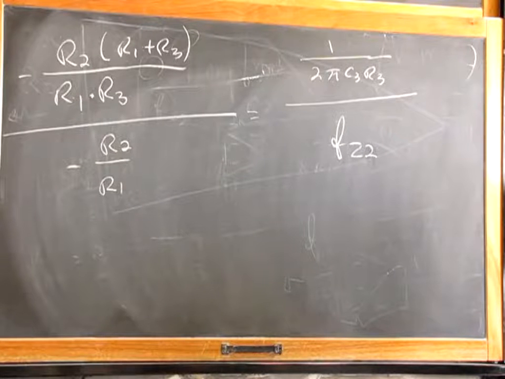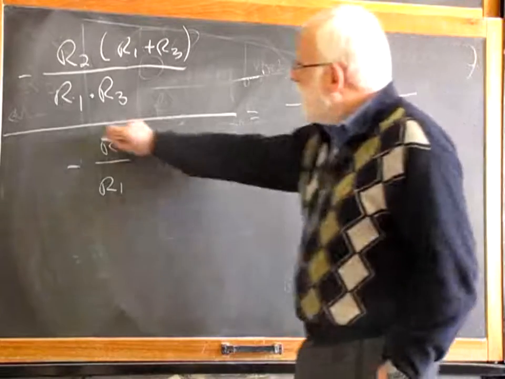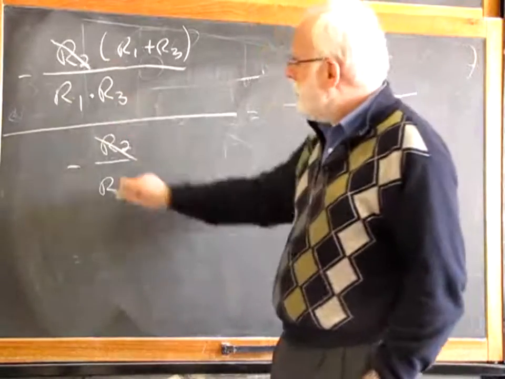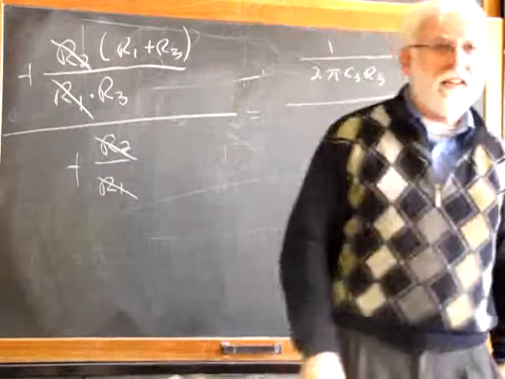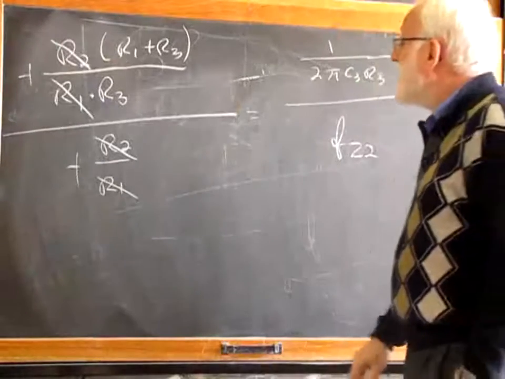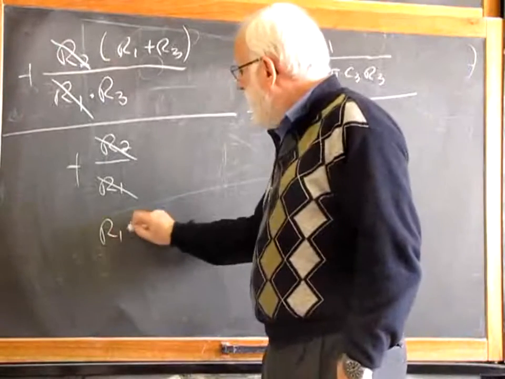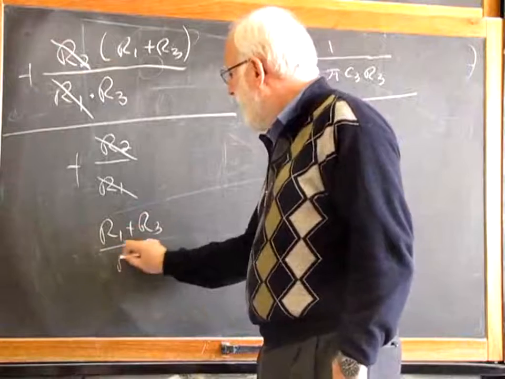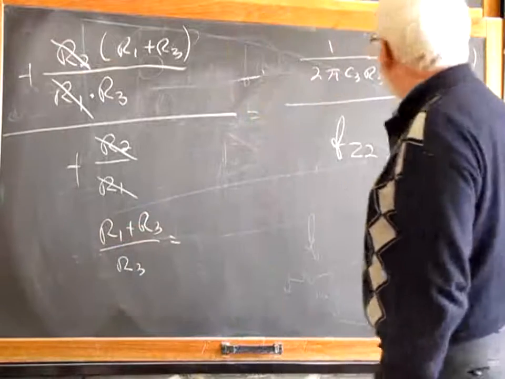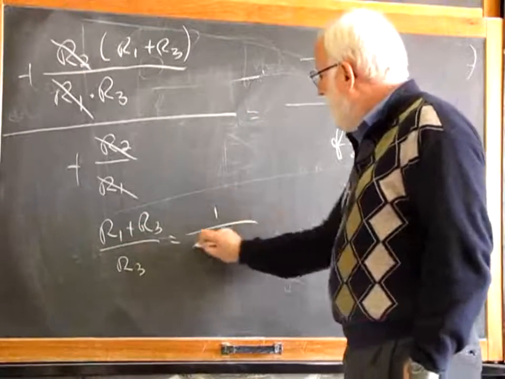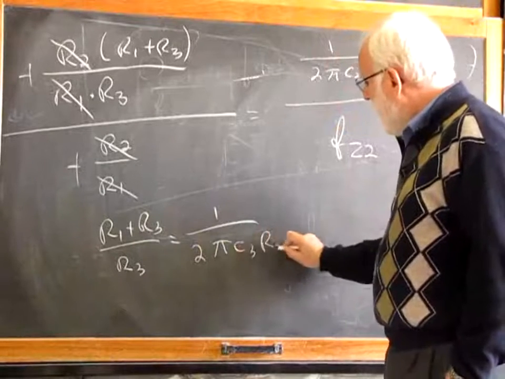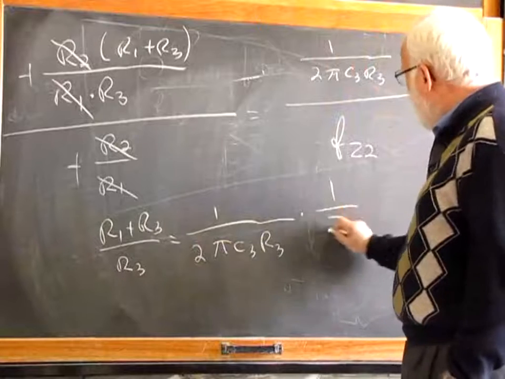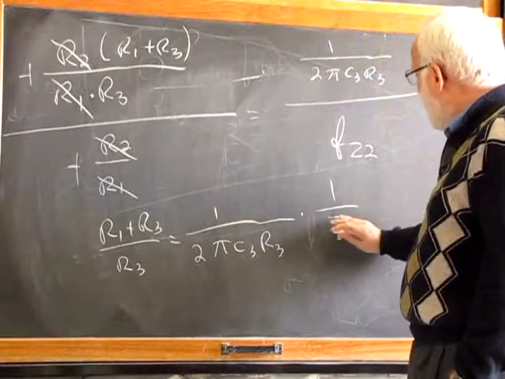And so we get that these 2 and these 2 cancel out, these 1 and these 1 cancel out, this negative sign and negative sign cancel out, and we get something like R1 plus R3 over R3 equals 1 over 2 pi C3 R3 times 1 over FC.